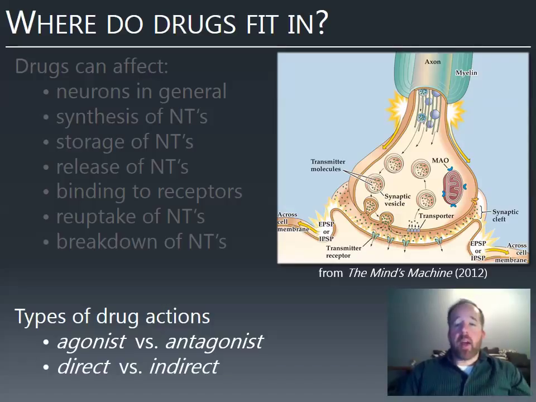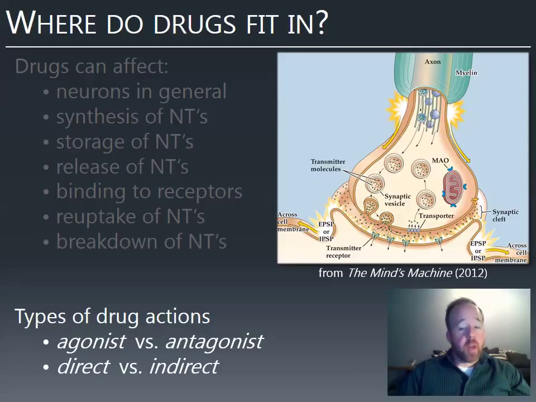You also have direct and indirect action. You can have a direct antagonist or an indirect antagonist. All this really means is a direct antagonist links directly to the receptor, whereas an indirect one disrupts or in some way affects some other aspect of synaptic transmission.